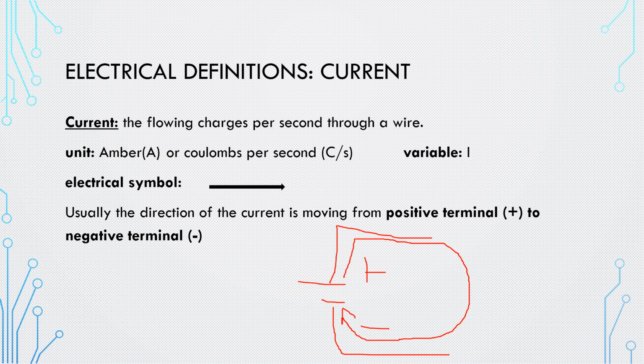Since it's electrons, we most of the time represent it this way. Start from the positive into the negative. This is important to know once it comes to measuring the current, so put this in mind. Once we want to connect and measure the current, we have to make sure that the current goes from positive to negative.